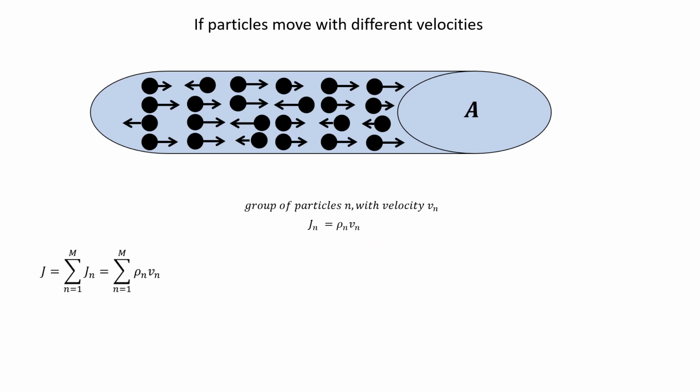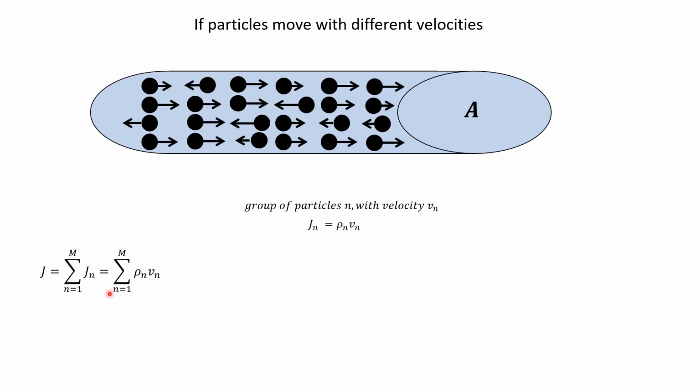And because current is just the number of particles crossing an area in an interval of time, these numbers add up. So to find the total current, we can just add up the contribution of each group. Here I am assuming that we have m groups of particles.